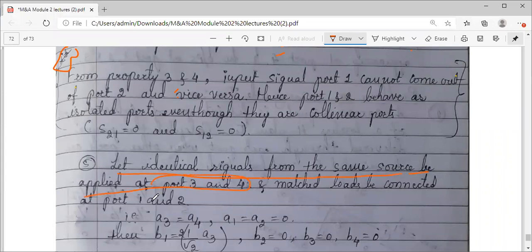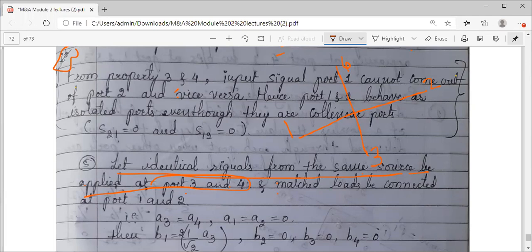Which are those two? Port 3 and 4, the side arms. This is your fourth arm, this is your third arm. I'm applying identical signals, both the same, from the same source at port 3 and 4, and the remaining two, port 1 and 2, are terminated in matched loads. So in the fifth to eighth property, I'm doing this.